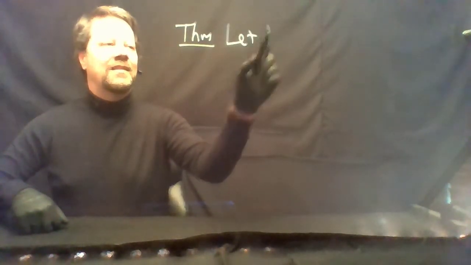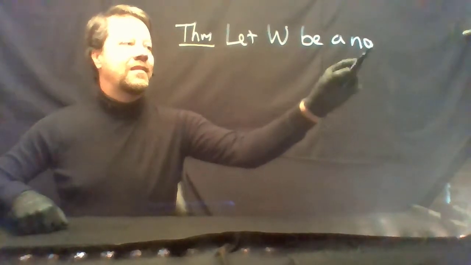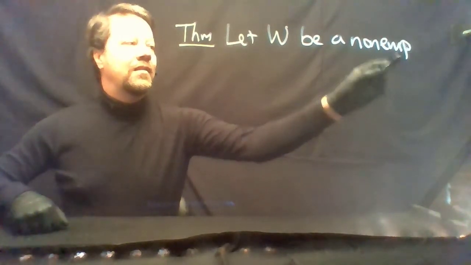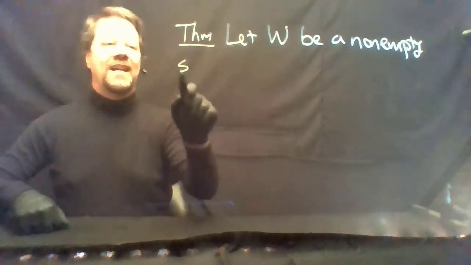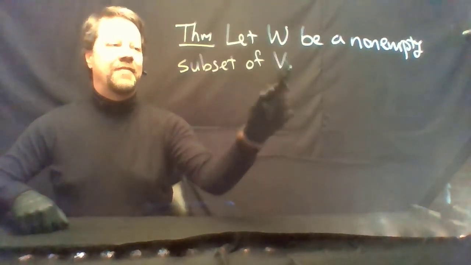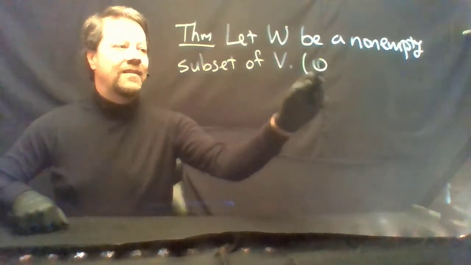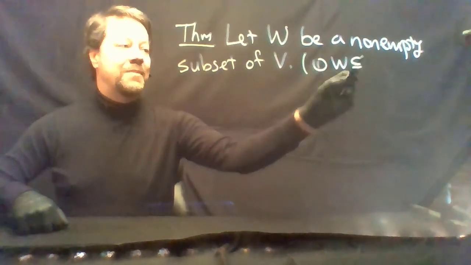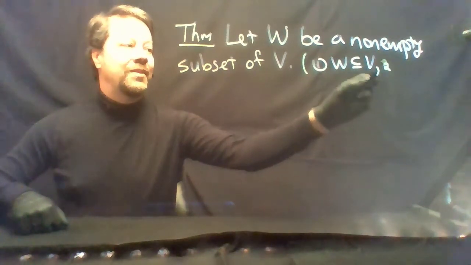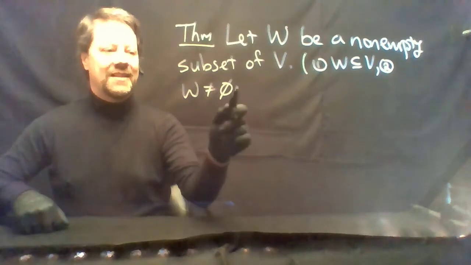We have the following theorem. Let W be a non-empty subset of V. This is actually two conditions. One, W is a subset, and two, W is not the empty set.